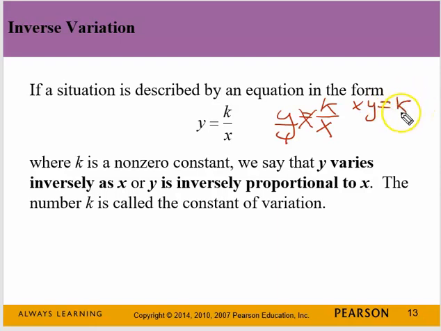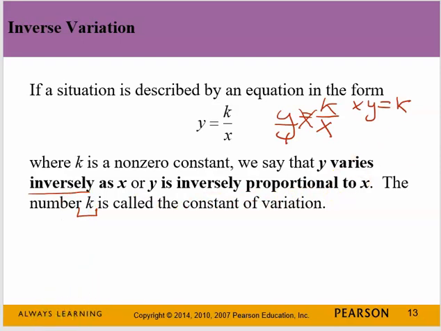So k is the product of x and y, whatever those values are. Now, where k is a non-zero constant, we say that y varies inversely as x, or y is inversely proportional to x. K is still called the constant of variation.